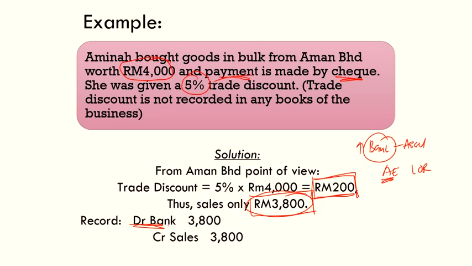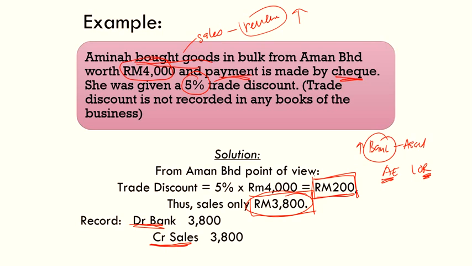Okay, so whenever your customer bought goods, it's referring to your sales. Sales is your revenue. So when revenue is increased, you need to credit. That's why we credit the sales for 3,800.